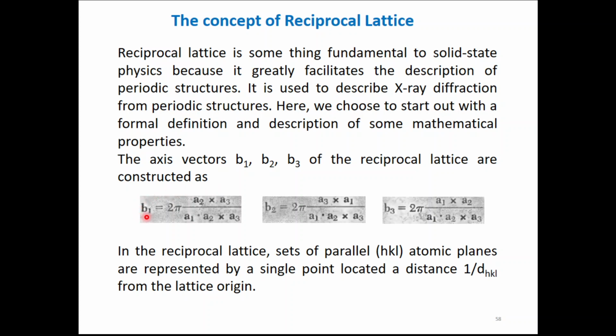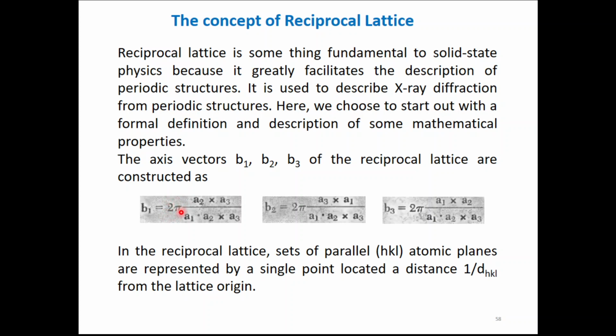So b1 is linked up with the direct lattice vectors in this way. Okay, this is a2 cross a3 divided by a1 dot a2 cross a3, and this is multiplied with 2 pi.